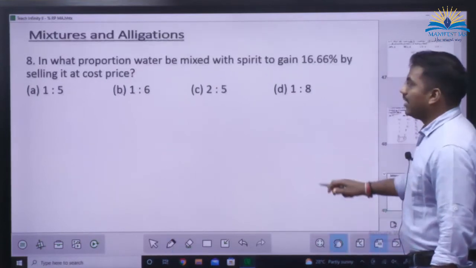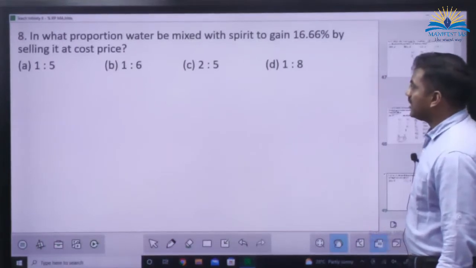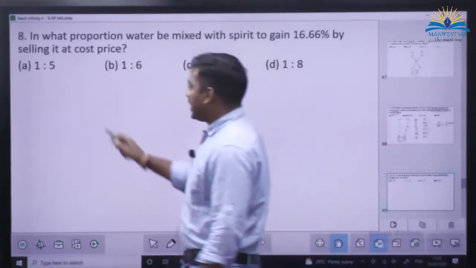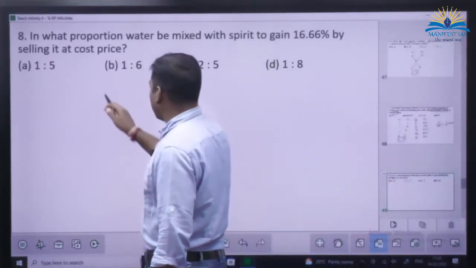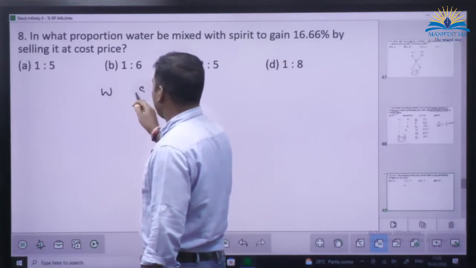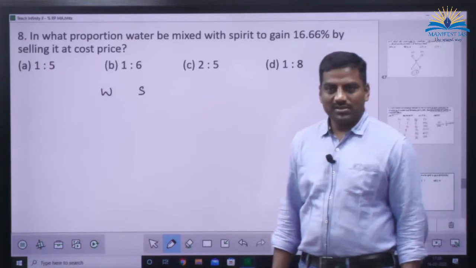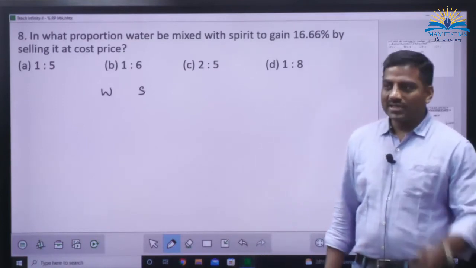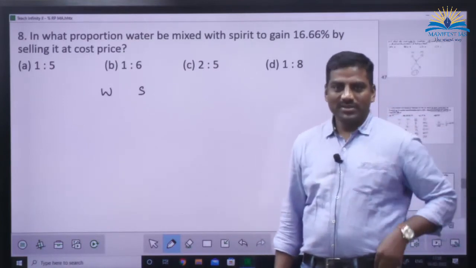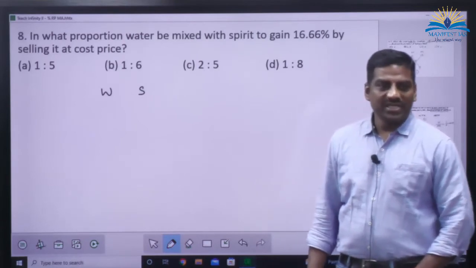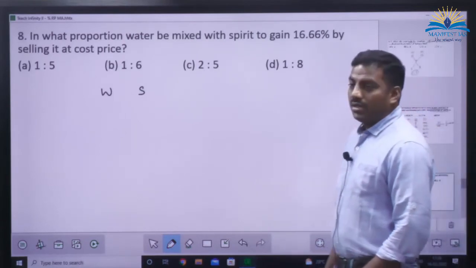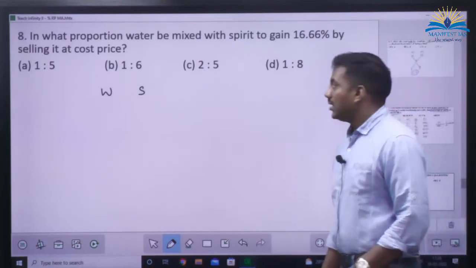Now you tell me, in what proportion should water be mixed with spirit? They had taken milk so far, now they are taking spirit. What a big deal. It is just up to our imagination. Our mind is not going to get corrupted. Correct? So, water is to spirit.